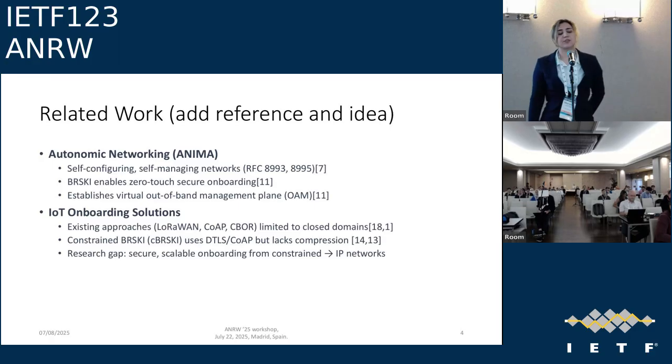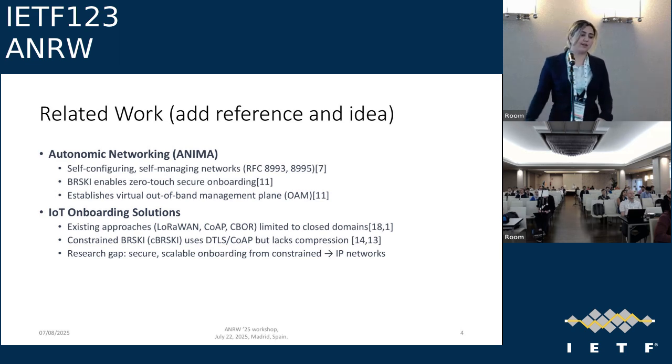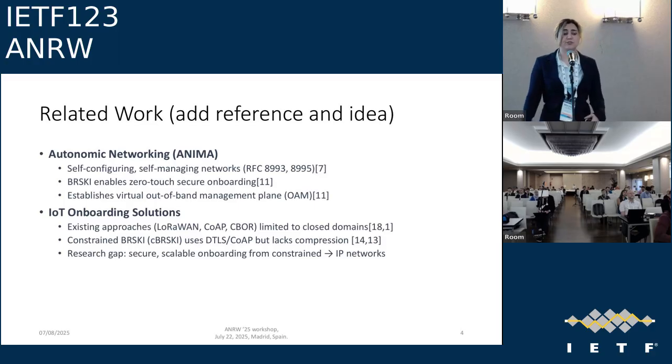And inside this working group, they proposed BRSKI as RFC 8995 to enable zero-touch secure onboarding in IP networks, but not constrained ones. Its goal is to establish a virtual out-of-band management plane in a secure and autonomous way without human intervention.